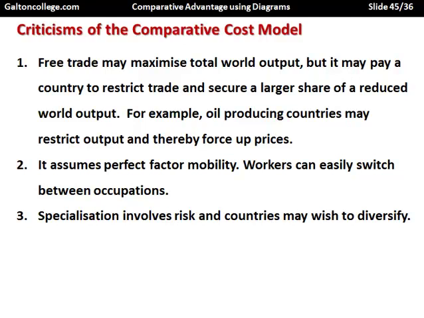So now the UK has no coal. It has lots of potatoes but no coal. But also, the Americans would have lots of coal and no potatoes because the two countries don't agree. So there is a risk in specialization, and sometimes countries wish to diversify so as to reduce that risk.